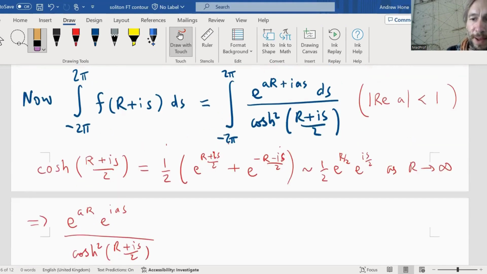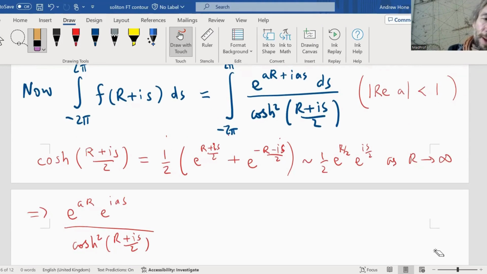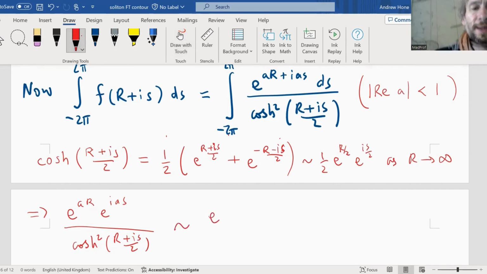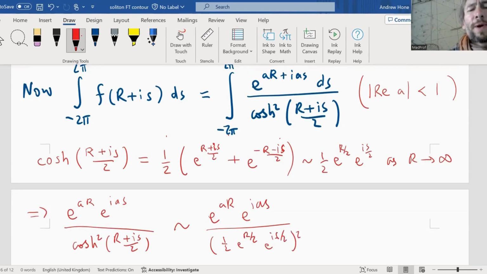Well, for large R, this is like e to the AR, e to the IAS divided by 1/2 e to the r/2 e to the is/2 squared, which is 1/4.